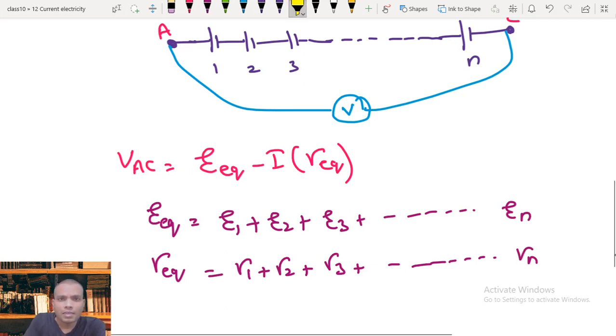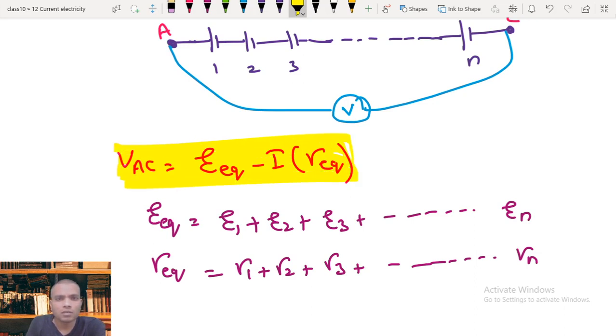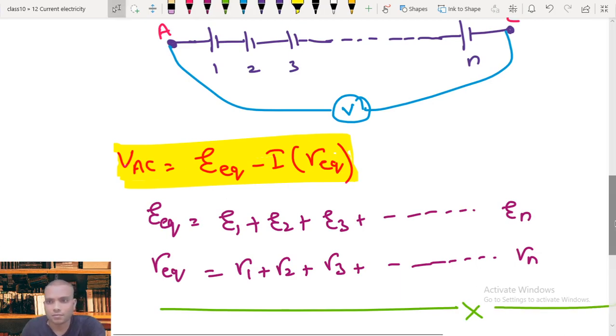So finally I will give the potential difference expression for n cells connected in series. The final terminal potential difference between the two ends is equal to E equivalent minus I times R equivalent. So this is the expression for when cells are connected in series.